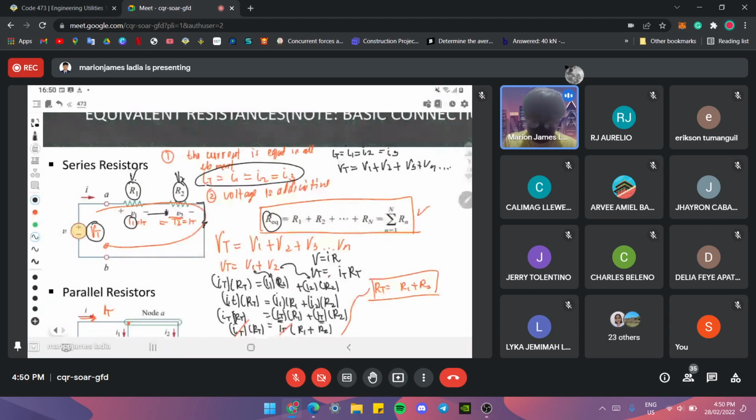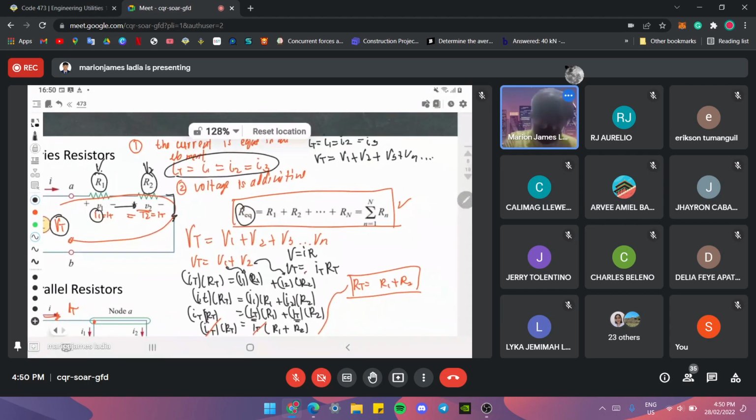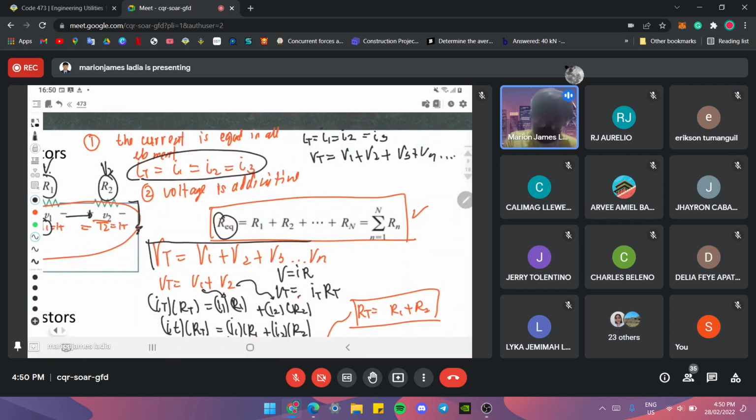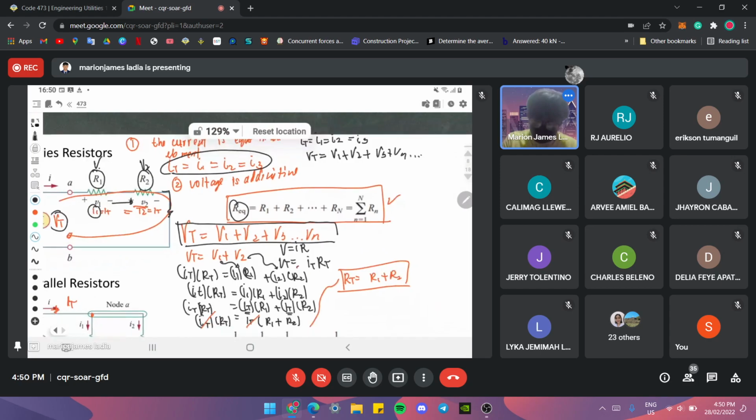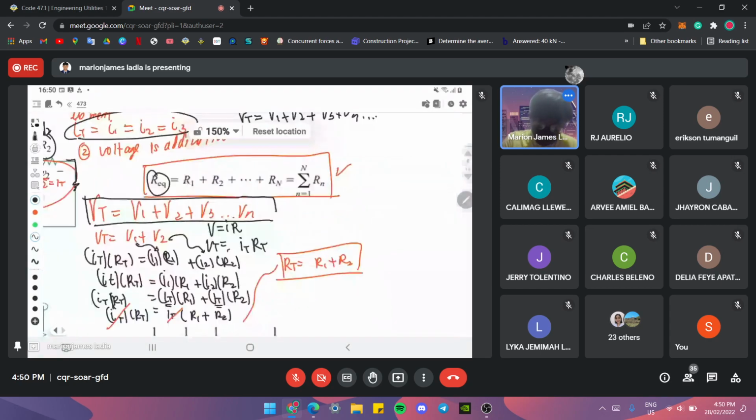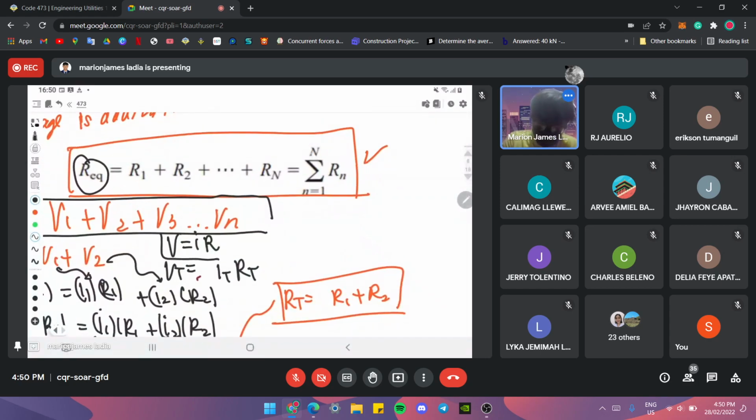So, paano po natin ginawa yun? Using this term. Yung ating V total is equal to V1 plus V2 plus V3 plus Vn. So, analyzing it using yung tinatawag nating Ohm's law, which was discussed a while ago. Ohm's law, which is V equals IR, or R equals V over I, or I equals V over R. So, yun yung Ohm's law natin.